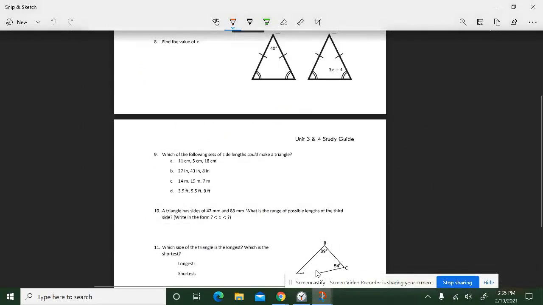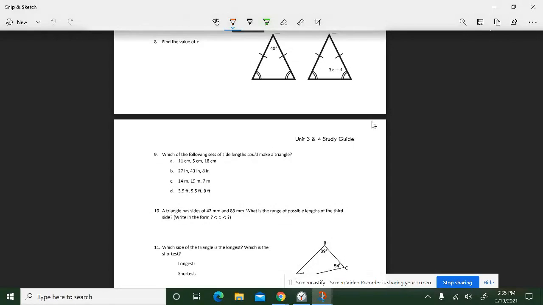All right, next section here, bottom of this second page, find the value of x. We did this one in class. There's a lot of ways you can think through this. Here's how I'm going to do it. I'm looking at the second triangle. I know that because the two triangles have to be congruent, we said they're congruent by angle, side, angle, because we have two pairs of congruent angles, and then we have at least one pair of congruent sides.